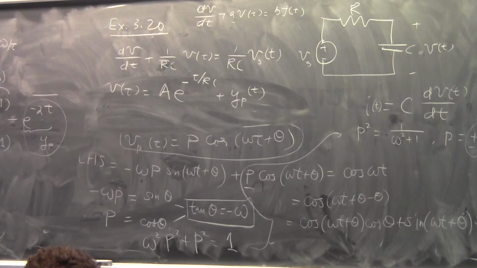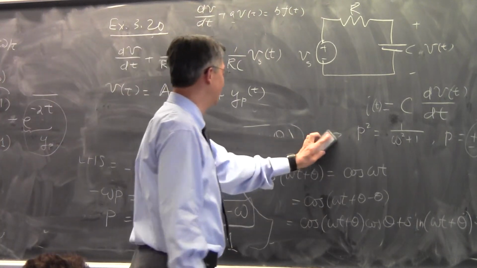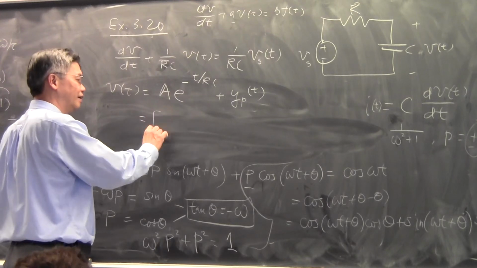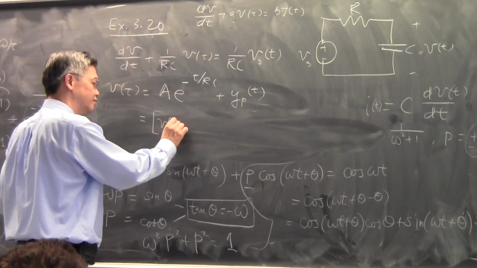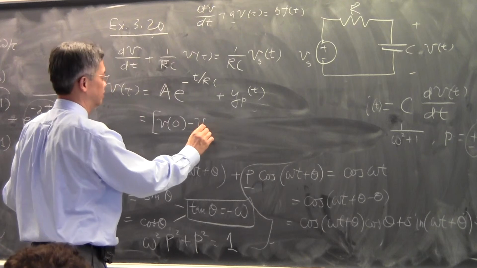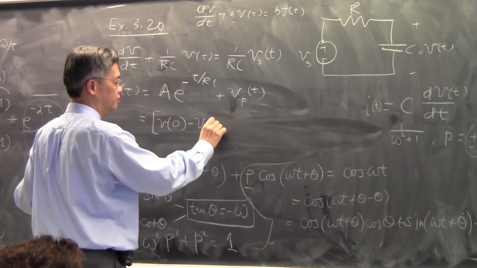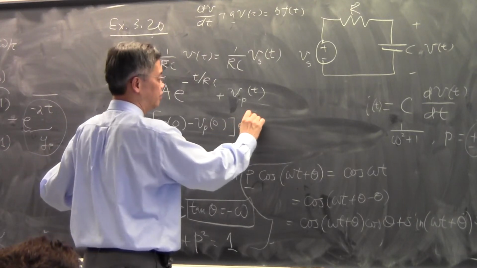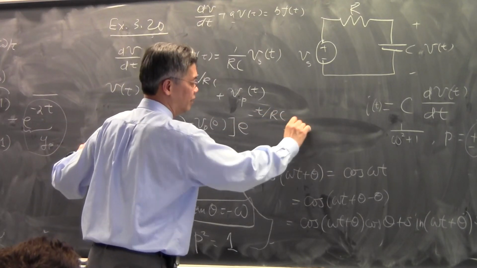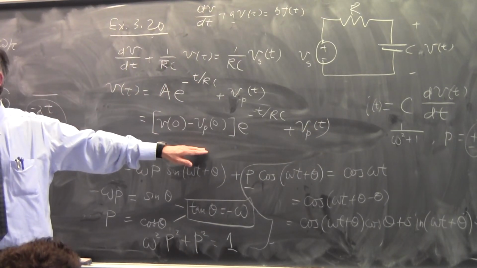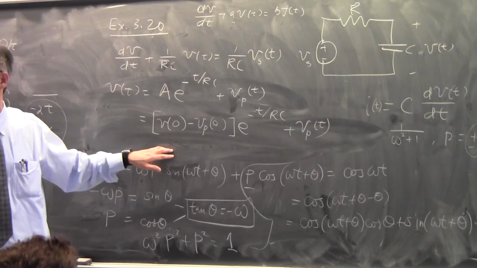Okay? What I've done is to write A in a suggestive form so that A becomes very indicative of what the initial condition of the problem is. So I write A as y of 0, say, I can call this particular solution, okay? Particular solution at 0, e to the minus t over RC plus y particular of t. I've just rewritten my constant A into the difference of these two terms.